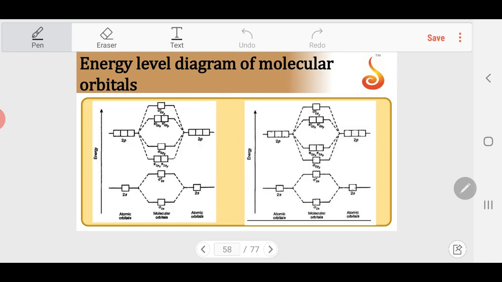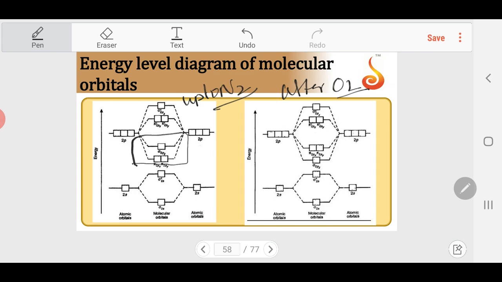Energy level diagram of molecular orbitals. You can see very clearly there are two types of energy level diagram for homonuclear diatomic molecules. The first one is up to nitrogen, and this one is from oxygen onwards. Here sigma 1s, sigma star 1s is not shown, 2s is forming sigma 2s, sigma star 2s, then a very important difference is here.